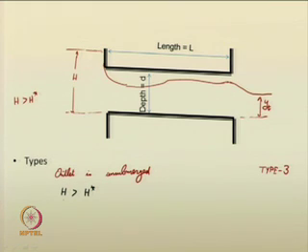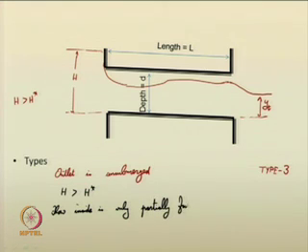However, the flow inside is only partially full. Okay. So, this is type 3 flow. What happens is your this thing also less than D.